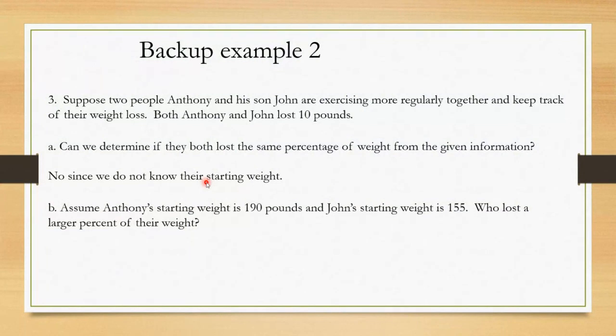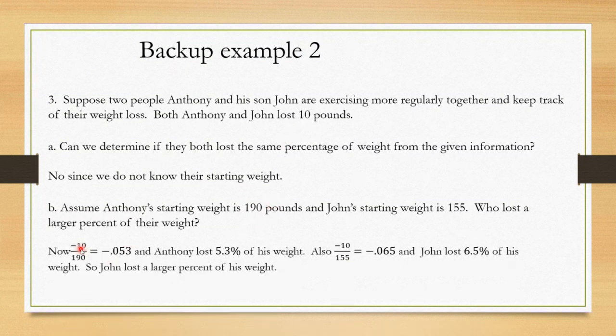Well, let's see. We're going to calculate relative change each time. For Anthony, his starting weight is 190. He lost 10 pounds, so his ending weight is 180. So we have 180 minus 190, which I just wrote as negative 10, over the starting weight of 190.